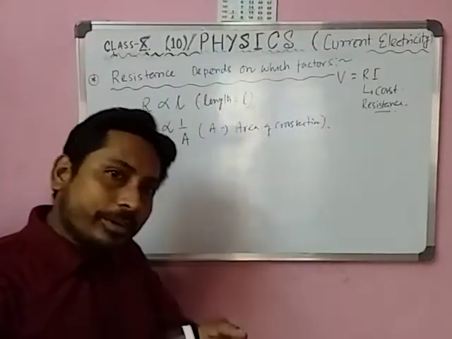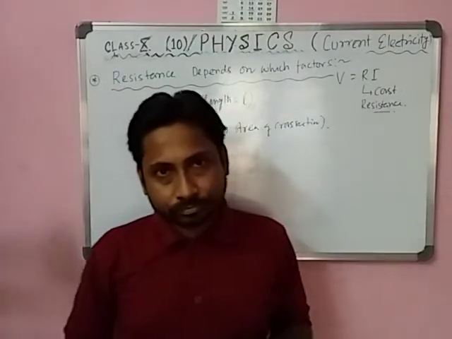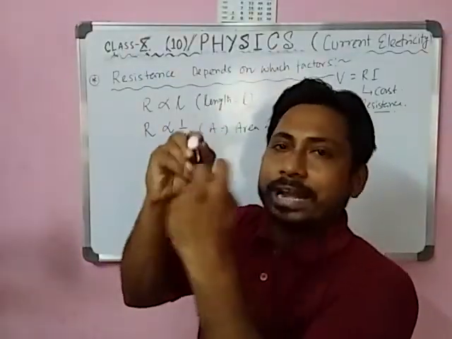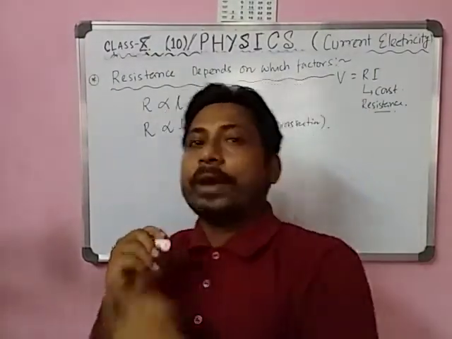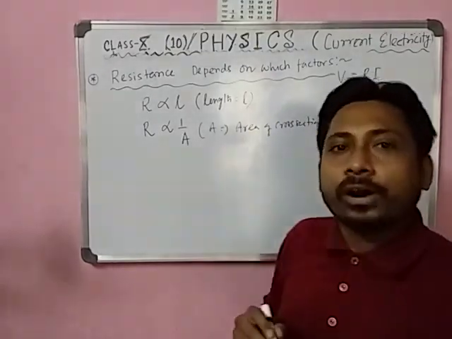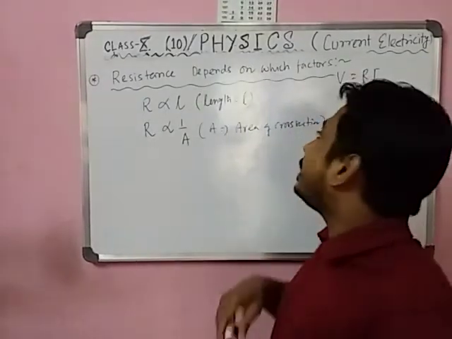Understood? Agree with me? Then one more thing, area of cross section, students. The basic idea: if you increase the area of cross section, meaning you are using a thick wire, then more electrons pass through that wire, because the number of electrons increases, and current means what?